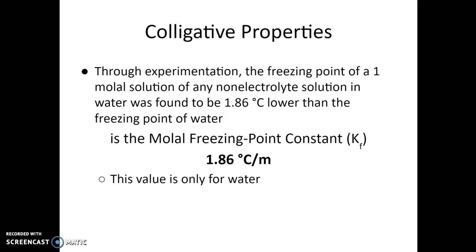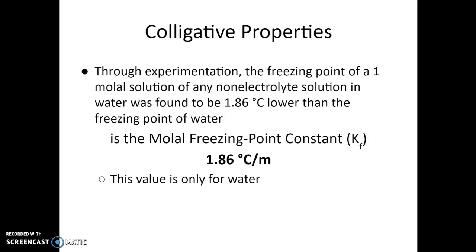Basically, that's a fancy way of telling you we have a constant for the freezing point of water, and that constant is 1.86 degrees Celsius per molal concentration. I don't know why I said meter, please ignore that. This is only the value for water.